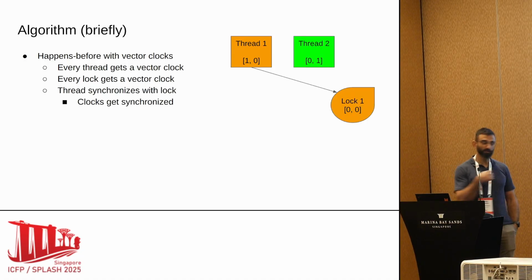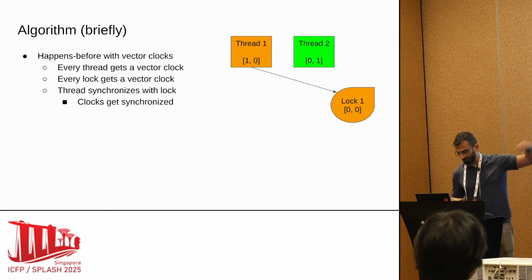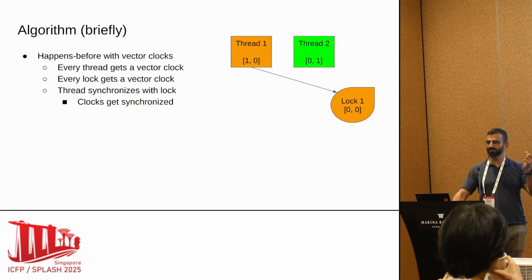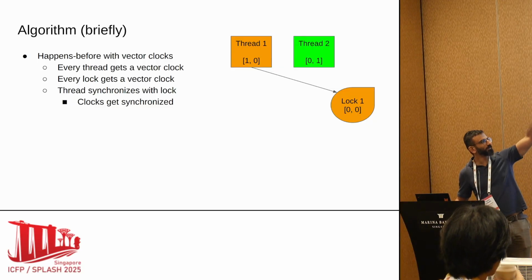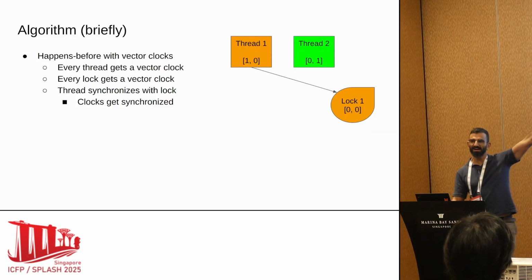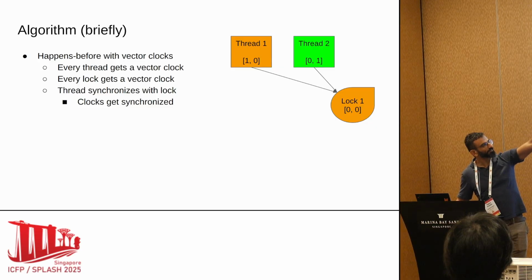But then when you lock and you acquire the lock, the clocks are synchronized. We're going to pull whatever the lock has captured from the other threads and put it in thread 1. In this example, there's nothing. But then when the other thread is going to try and get the lock, it's going to block and get the lock as soon as it's released by the first thread.